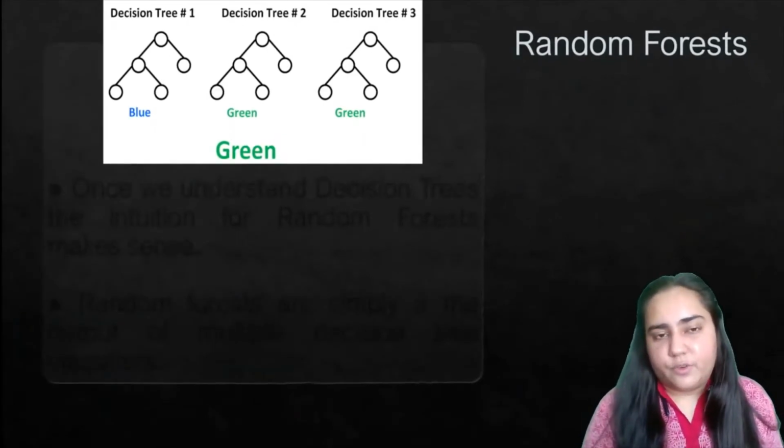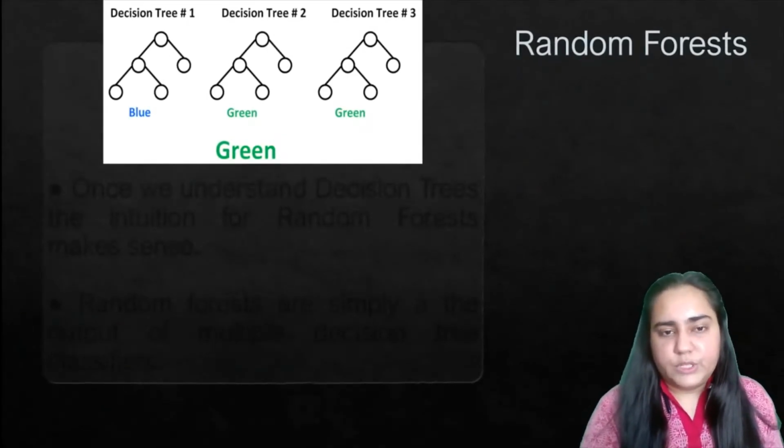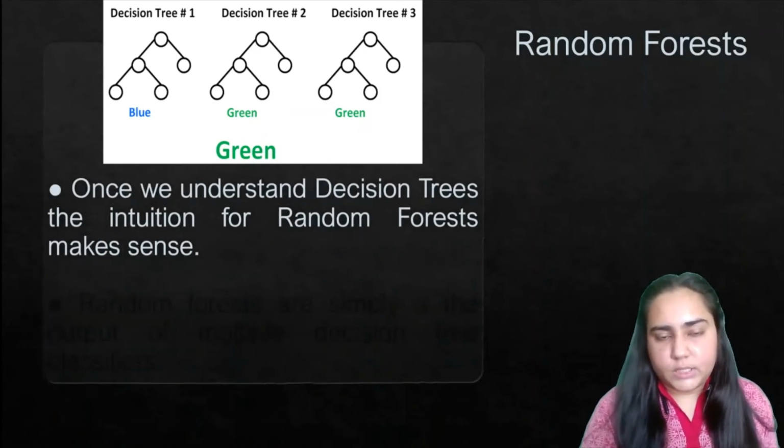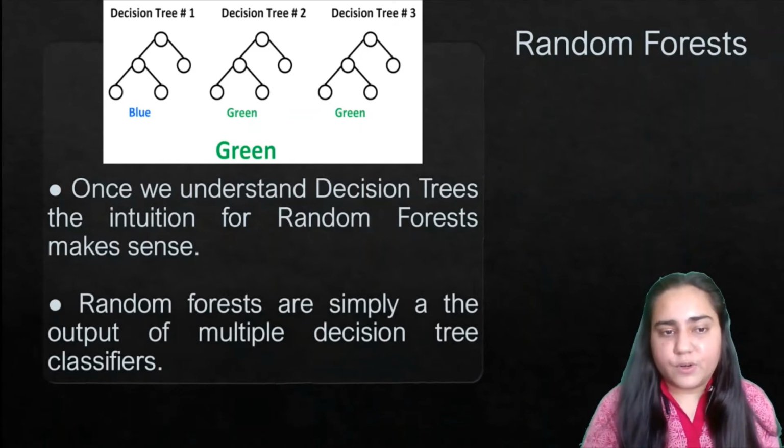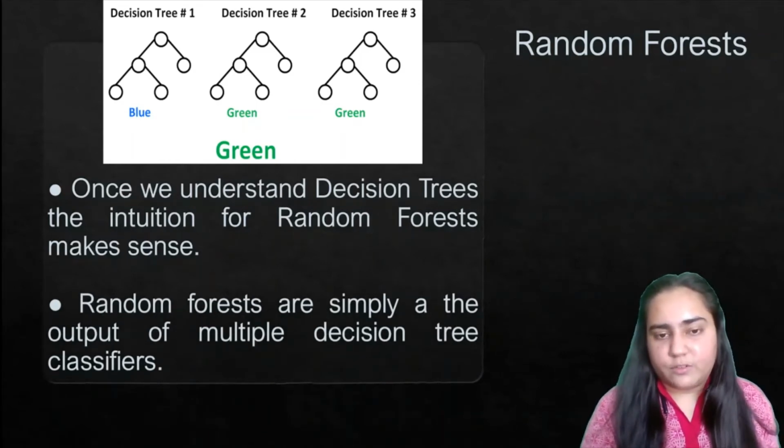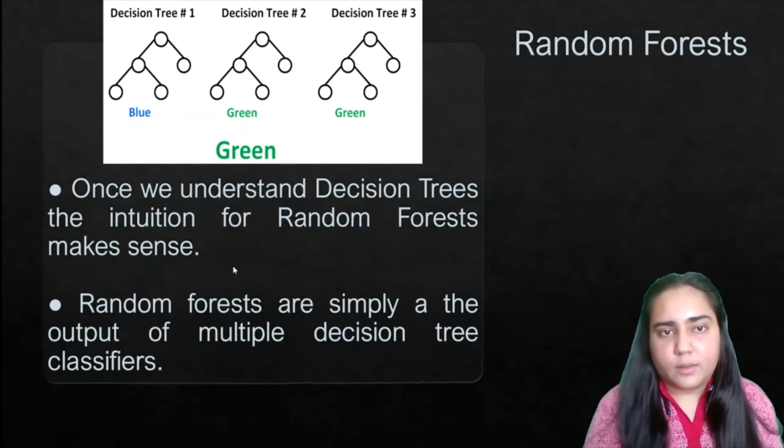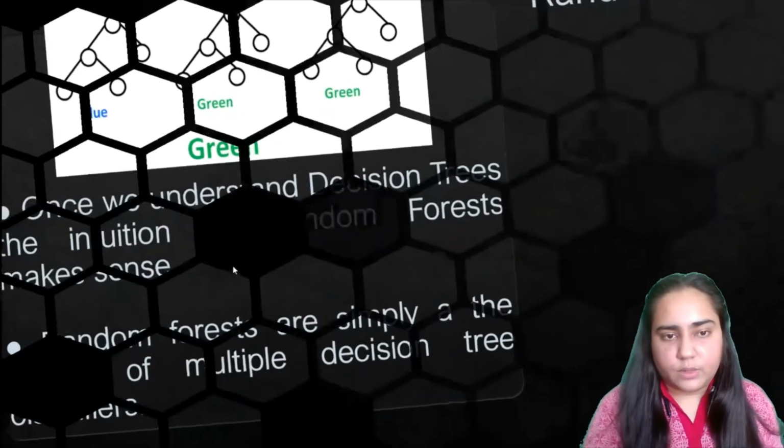Now, what are random forests? Once you know what a decision tree is, then random forest is going to make much more sense to you. Random forests are simply the output of multiple decision tree classifiers. I'm going to explain that in a bit.